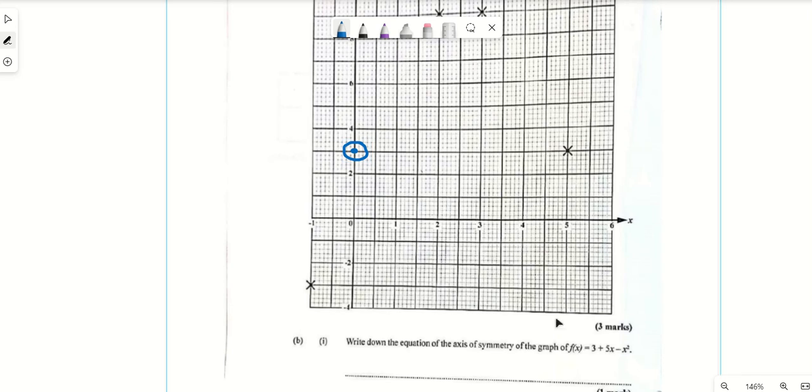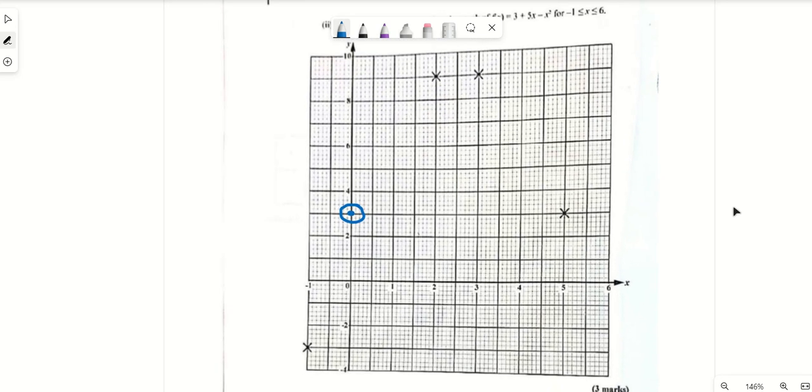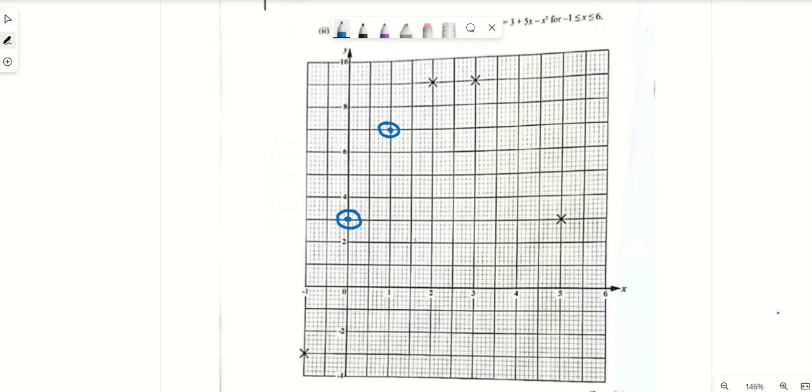The next one that we have to plot is when x was 1, y is 7. So we're going to look up here, x is 1, y will be 7. That is this coordinate right here. The next one that we have to plot is when x was 4, y was also 7 again.